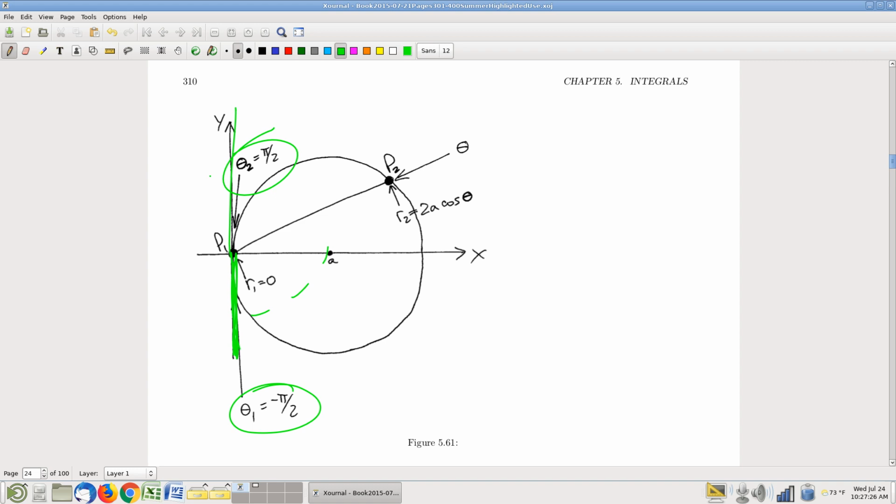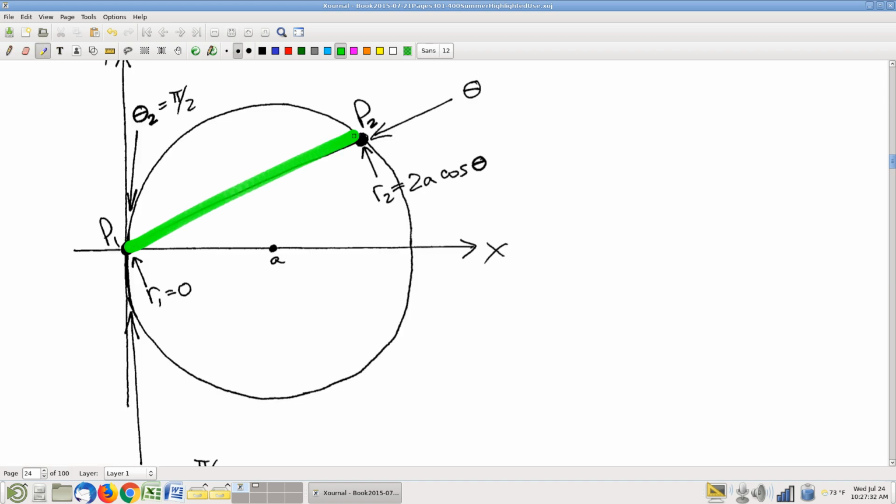Okay, then, for a given theta slice, here's a given theta slice. Well, R starts at that point. That's the origin. R is clearly 0. R ends, now, be careful, at that point. The R coordinate at that point is going to depend on where that point is.